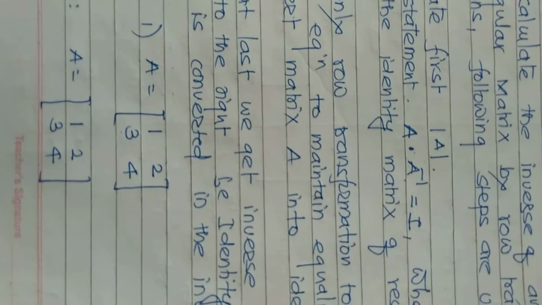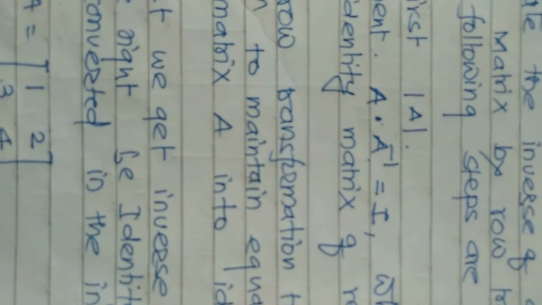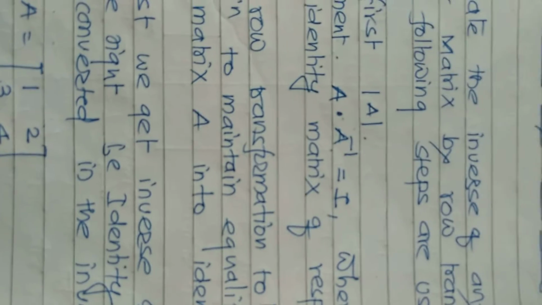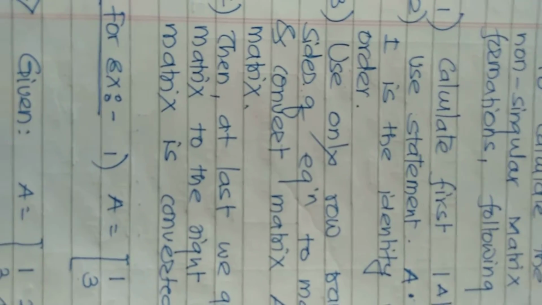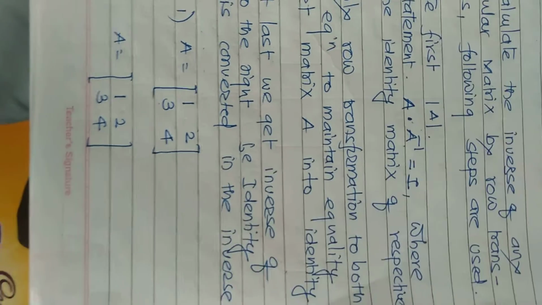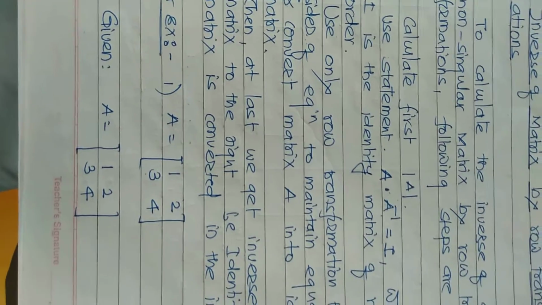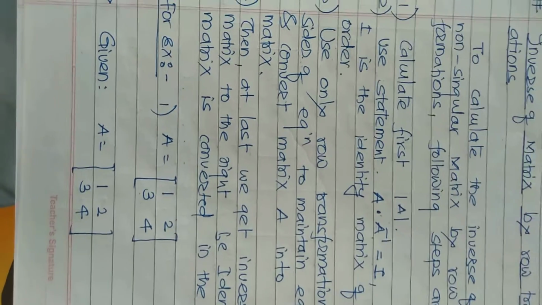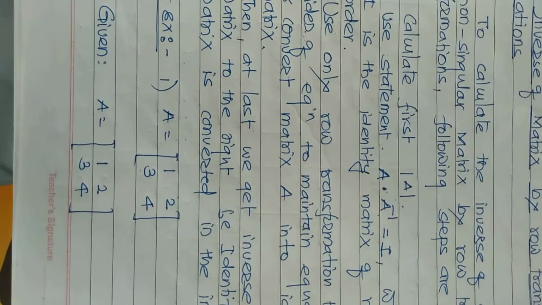Then use the definition of inverse of matrix, means A into A raised to minus 1 equals I, where I is the identity matrix of respective order. Then use only row transformations on both sides of the equation to maintain the equality and convert matrix A, which is on the left, into the identity matrix.